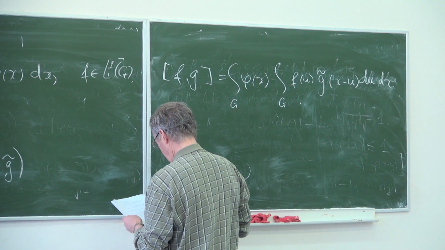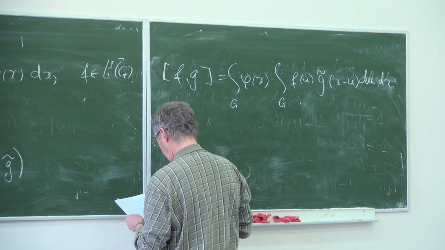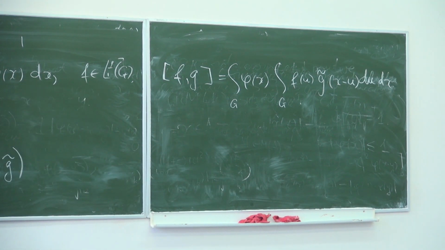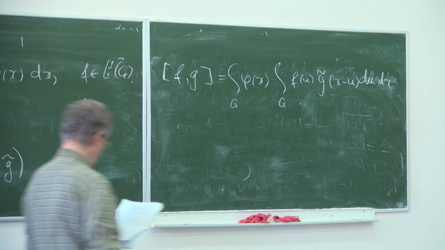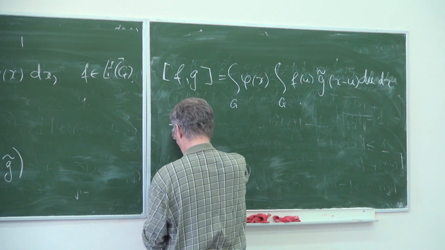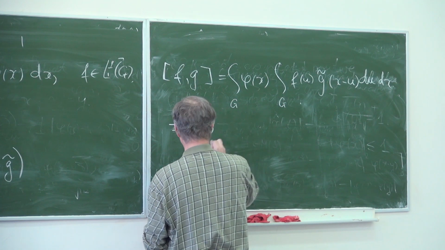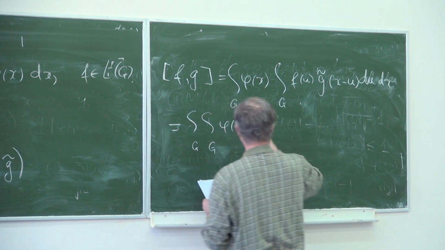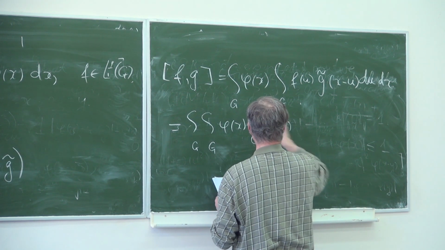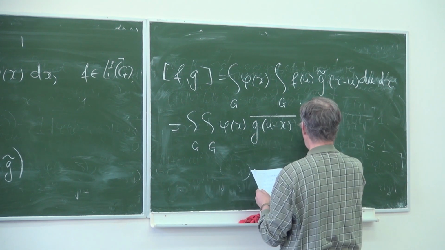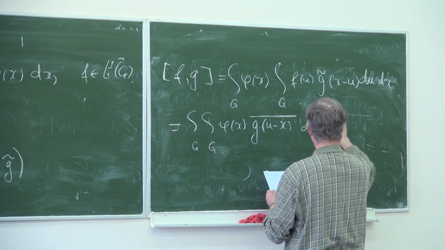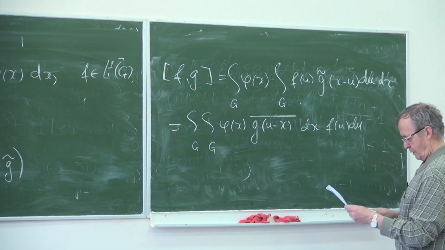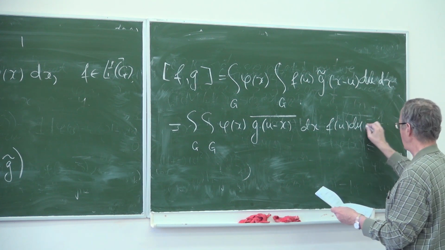Well, we change the order of integration and we use the definition of this function g tilde. So it is equal to the integral over G of phi of x, g of u minus x bar dx f of u du, and then we change a variable to arrive at the following.